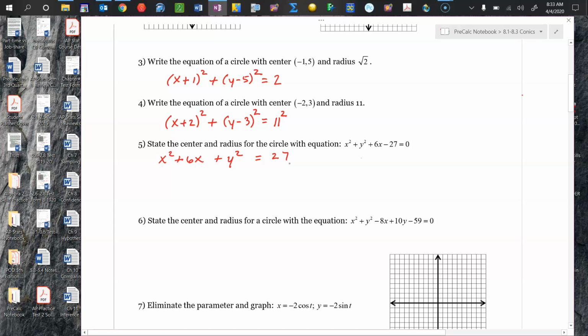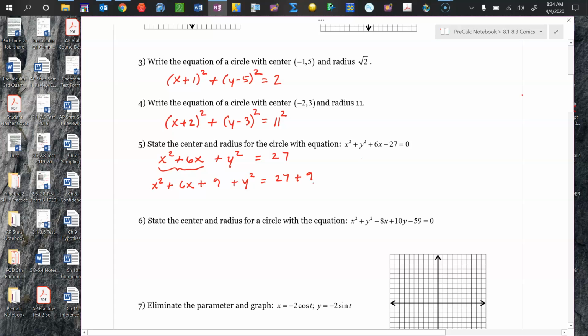Now we're going to complete the square for both x and y. Let's do x first. If you recall, what we do to complete the square is write down the x squared term and the x term, and we are going to add half of the x coefficient squared to both sides of the equation. So half of 6 is 3. If we square that, we get 9. We're going to write down y squared because it's still there, and 27 because it's still there, but we're also going to add 9 to the right-hand side.